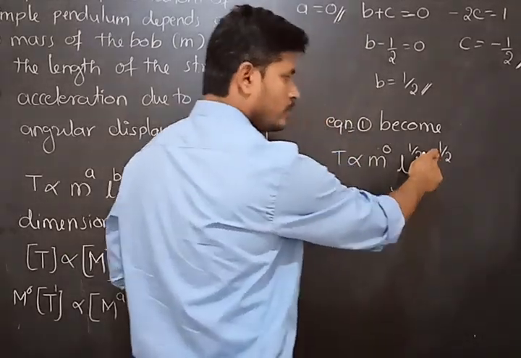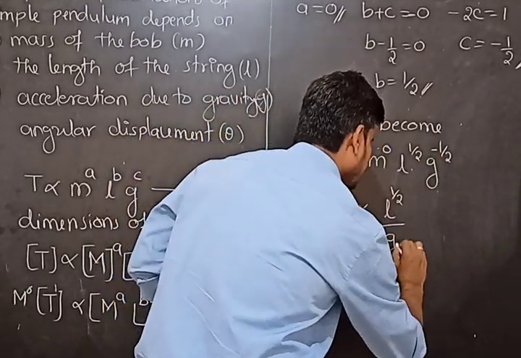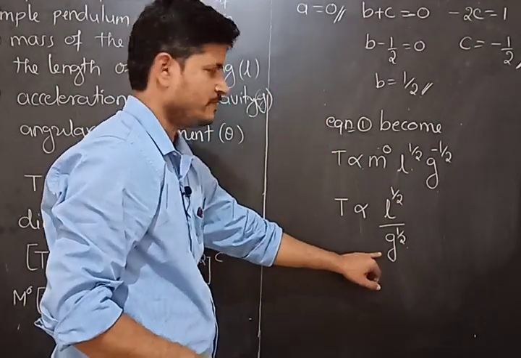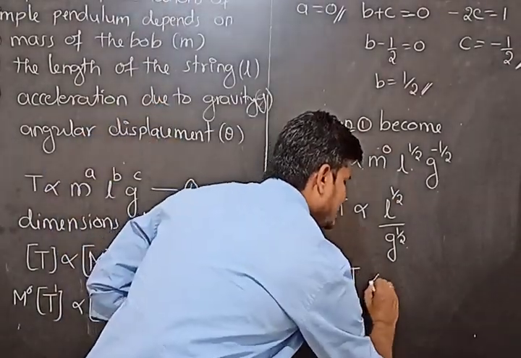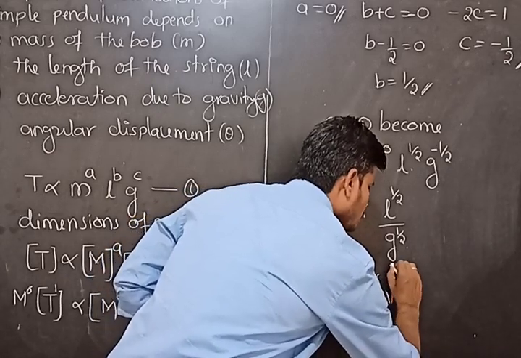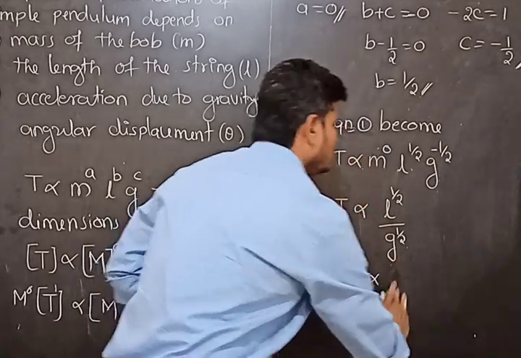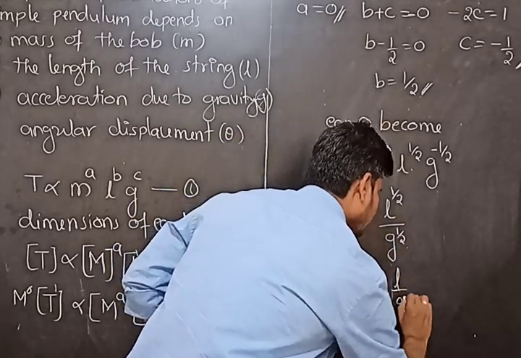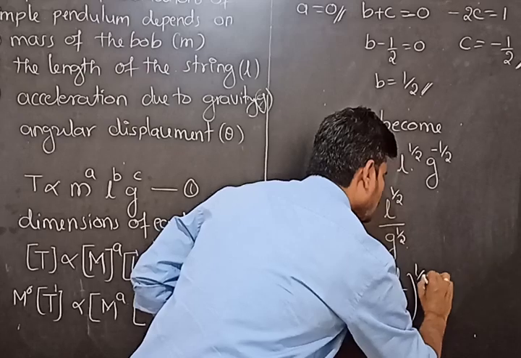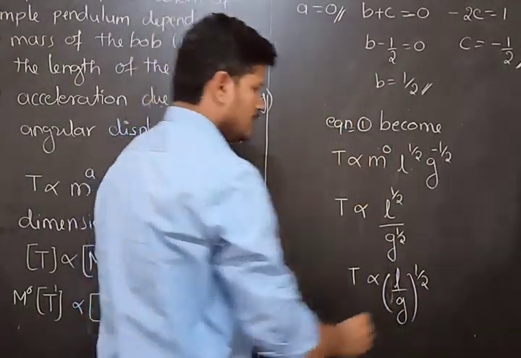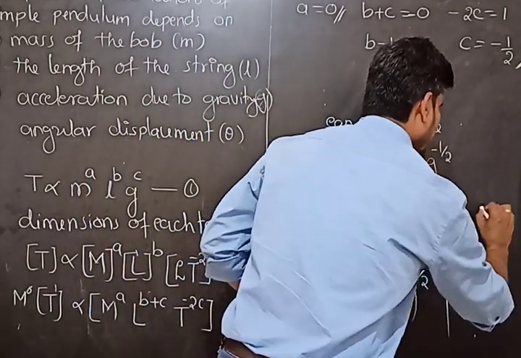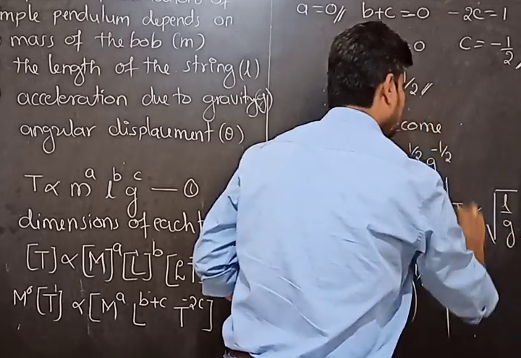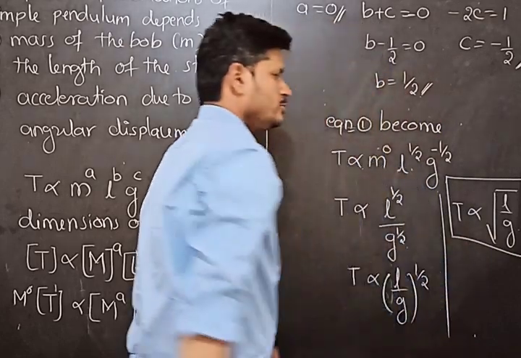Here this is minus 1 divided by 2, so I can write it as plus 1 divided by 2 in the denominator. Or T is proportional to L divided by g, whole raised to 1 divided by 2, or T is proportional to square root of L divided by g. This is the expression.